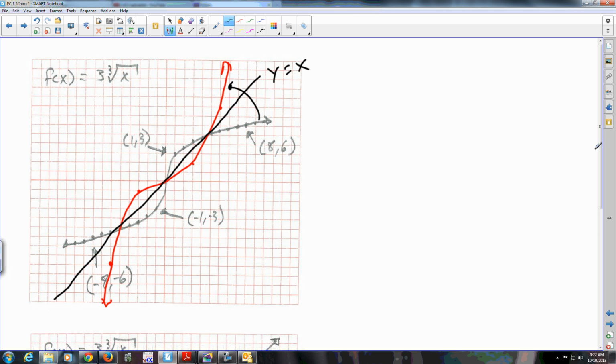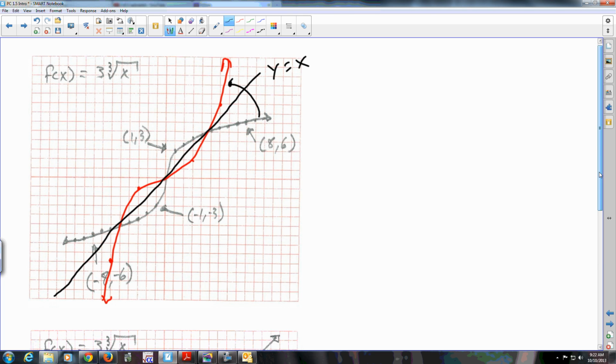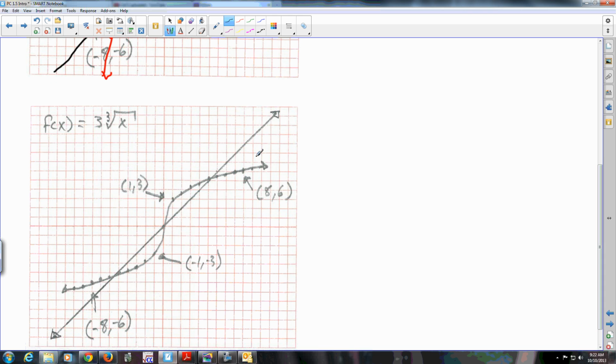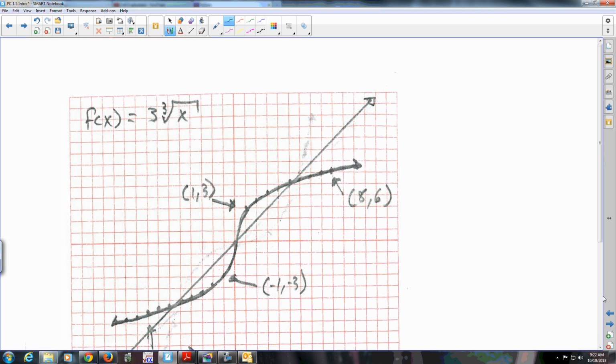When I do this in class, I have the kids actually graph these. Fold it on the line y equals x, and you get the reflection here, and you can see it just barely showing up in this. This is the reflection over that line y equals x.